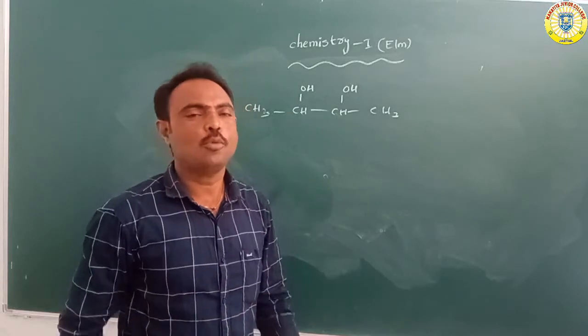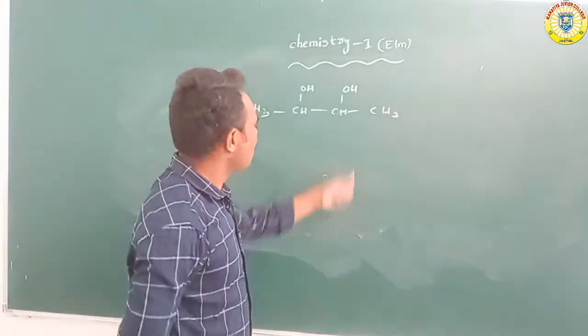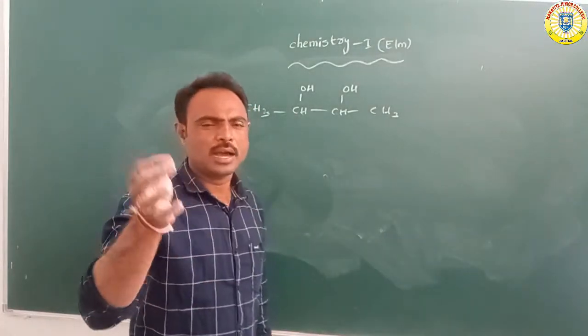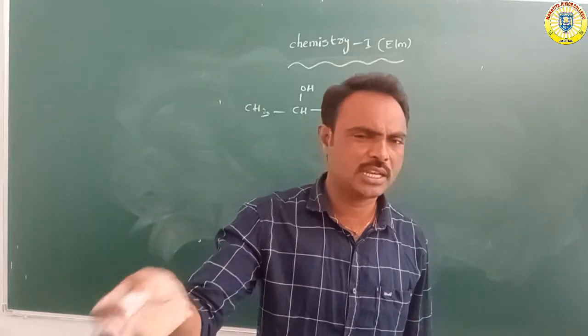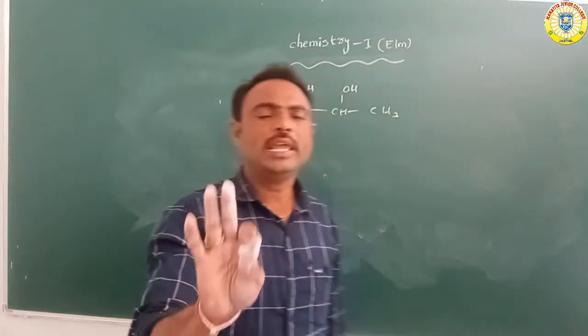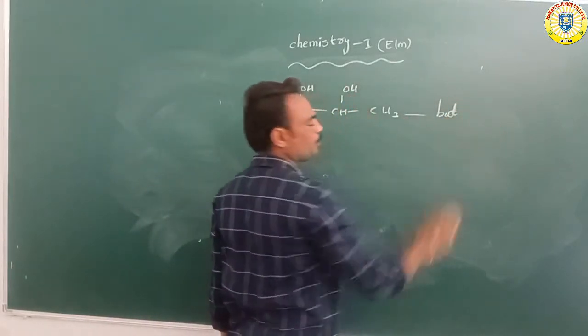First we write how many carbons: 4 carbons. This compound has no other groups like CH3 or chlorine attached, only function groups. So we write but.